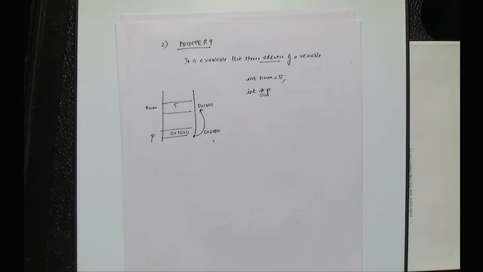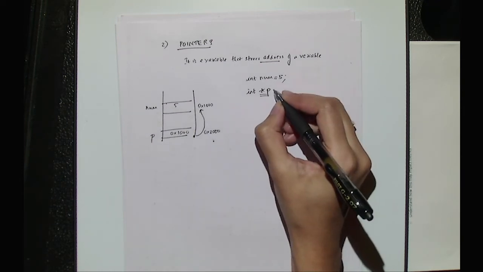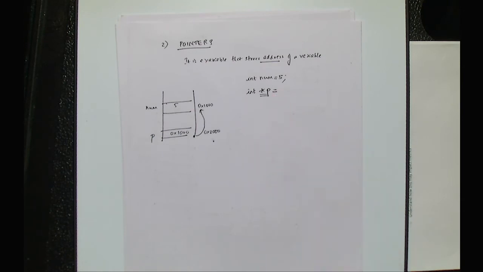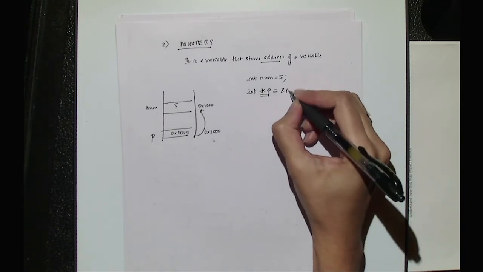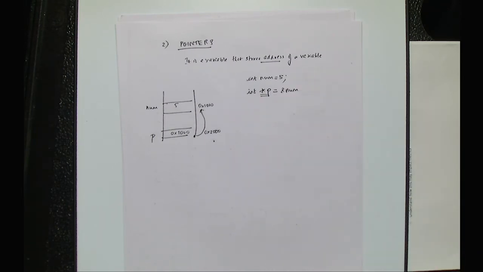So what can I say about P here that will make the compiler understand that it's holding the address of num? I just say address of num.